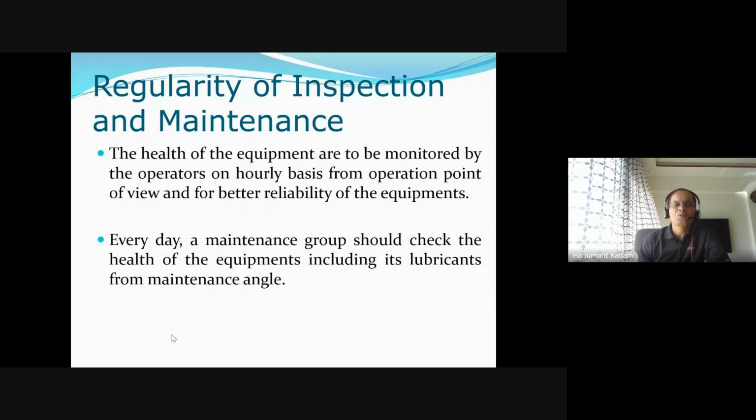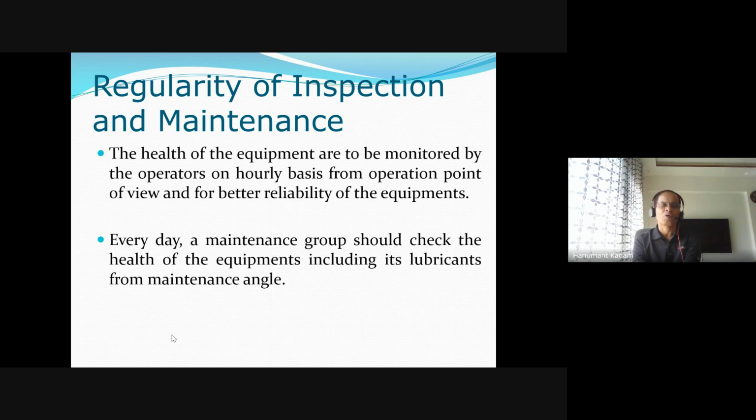For proper maintenance, you have to regularly inspect the critical parts. The health of the equipment is to be monitored by the operators on an hourly basis from an operation point of view and for better reliability of the equipment. Physical inspection is required here.